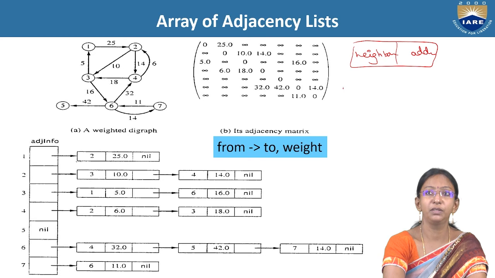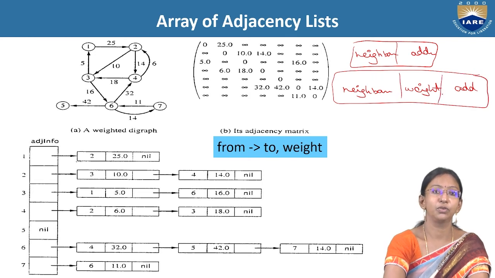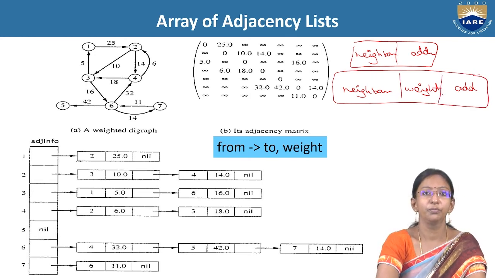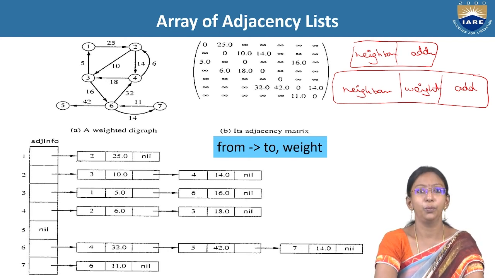Now it will be split into three parts: neighbor, weight, and address of the next node. So three parts will be there in case of weighted ones when weight comes into the picture. Okay, so this is how we are going to represent a graph in case of directed weight.